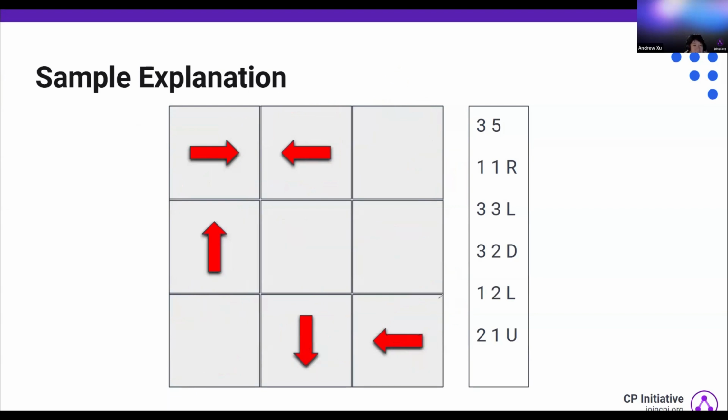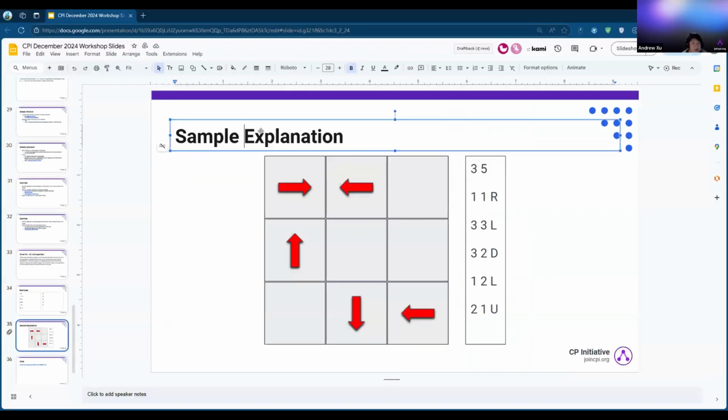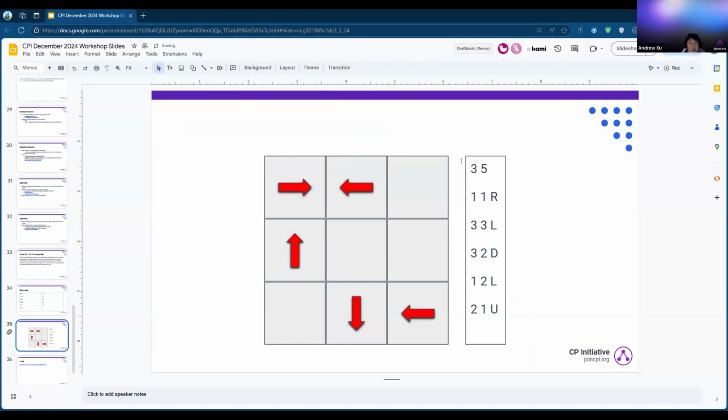Essentially, a naive solution, not exactly naive, it would work, but an easy-to-think solution is that you have marked squares, and then we're gonna mark everything outside of this square.